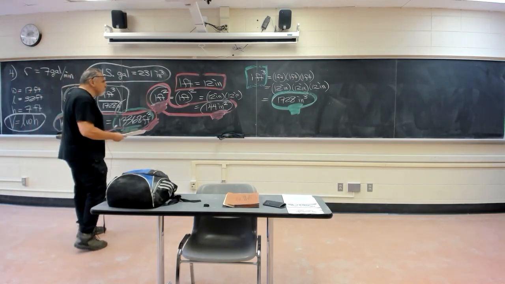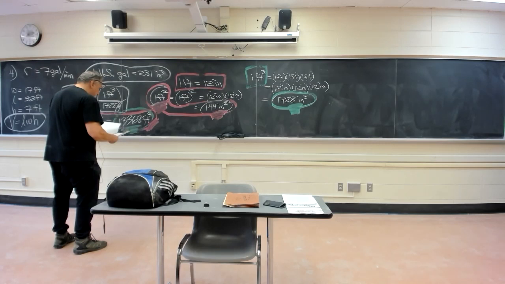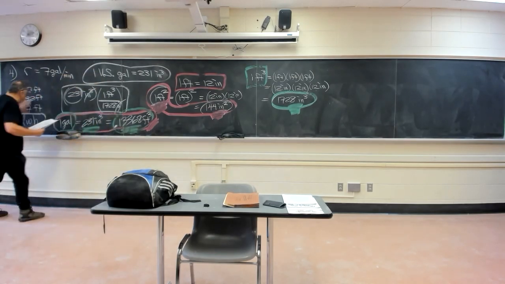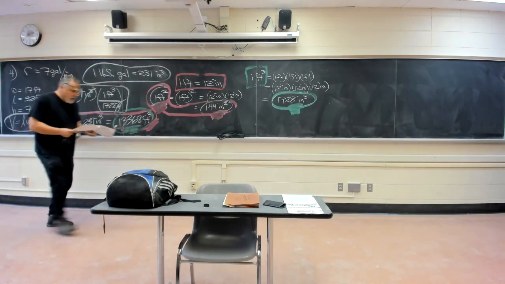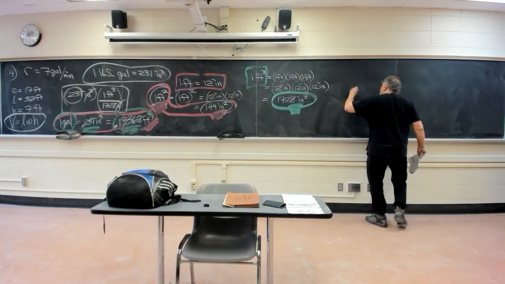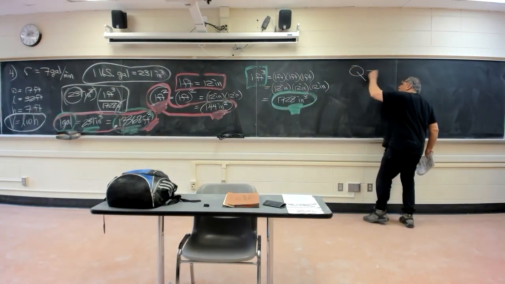Like I said, this stuff's a little easier done than said. If you actually do this multiplication right here, you're going to get the whole volume. If we're going to call Q, let's call capital Q the rate of flow.